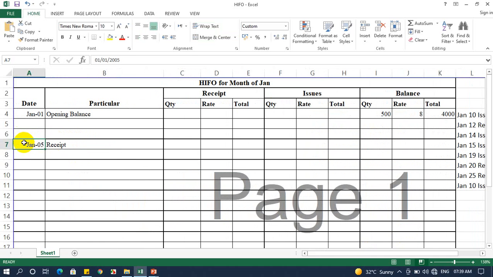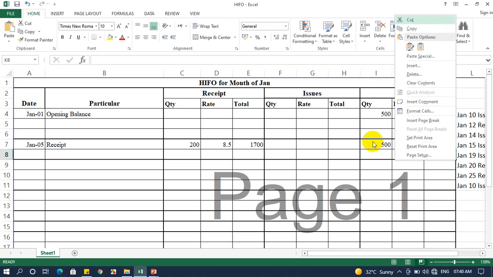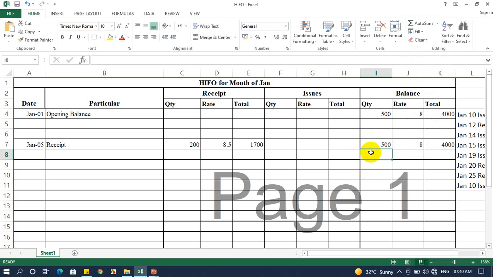Writing the quantity 200 units at the rate of 8.5, this becomes 200 multiplied by 8.5, 1700. Coming to the balance, the beginning balance was 500 at 8, which is 4000, and the new balance which came is 200 at 8.5, with a total amount of 1700, right?